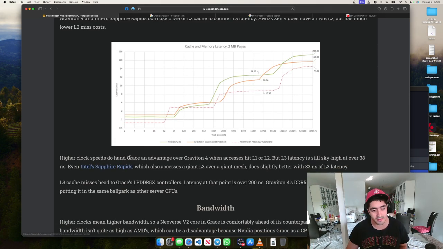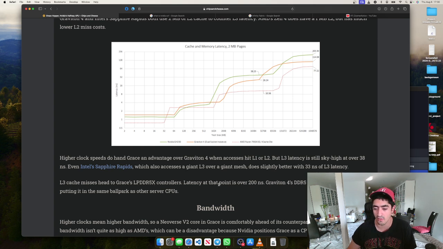Higher clock speeds do hand Grace an advantage over Graviton 4 when accesses hit L1 or L2, but L3 latency is still sky high at over 38 nanoseconds. Even Intel Sapphire Rapids, which also accesses a giant L3 over a giant mesh, does it slightly better with 33 nanoseconds of latency. L3 cache misses head to Grace's LPDDR5X controllers.